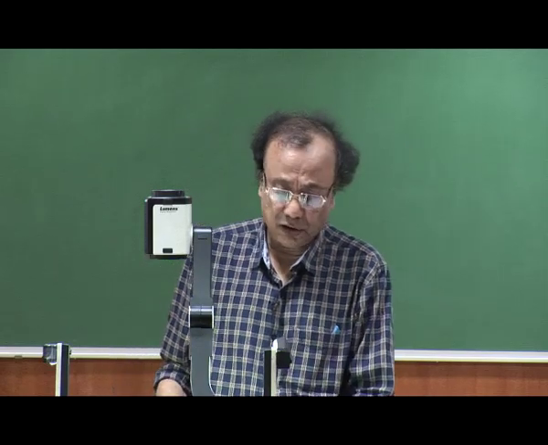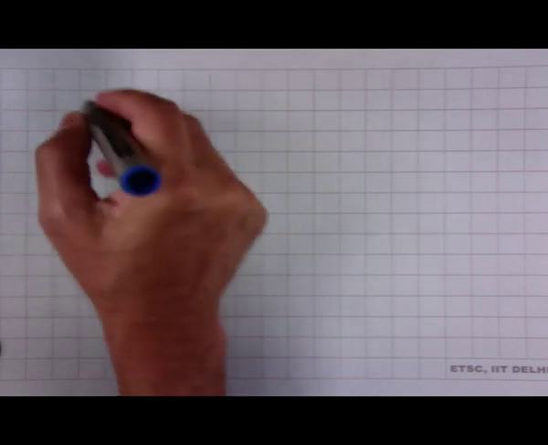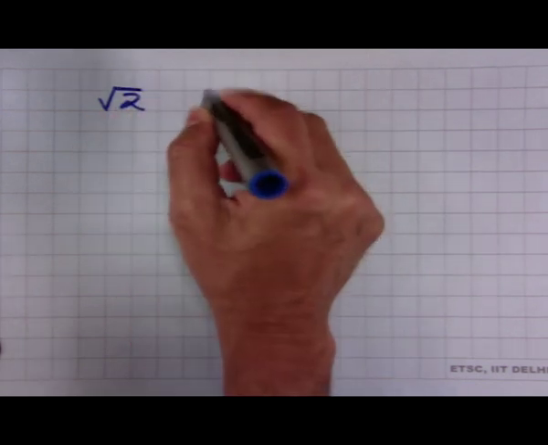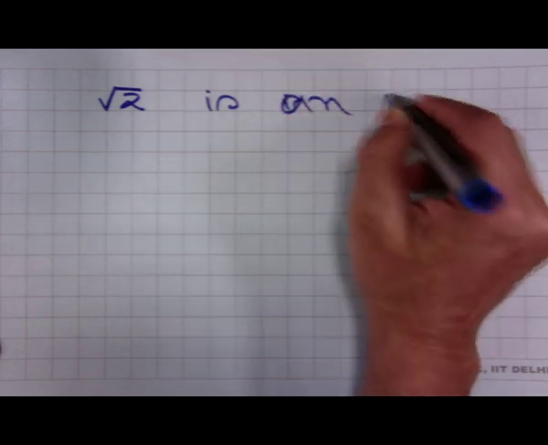Sometimes, of course, it is not so simple. So, let me give you an example. Say suppose we write: root 2 is an irrational number.